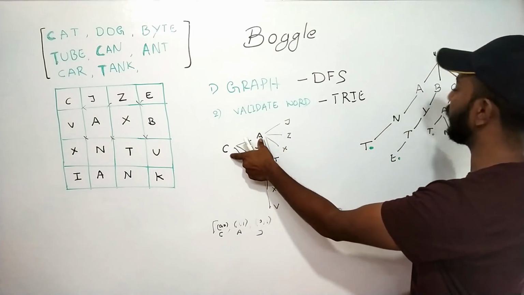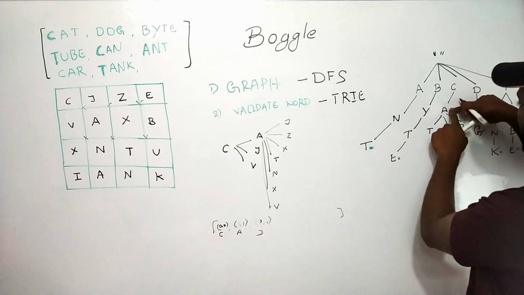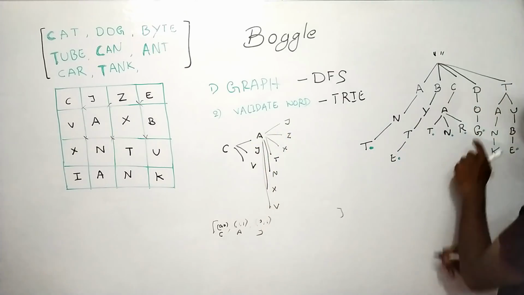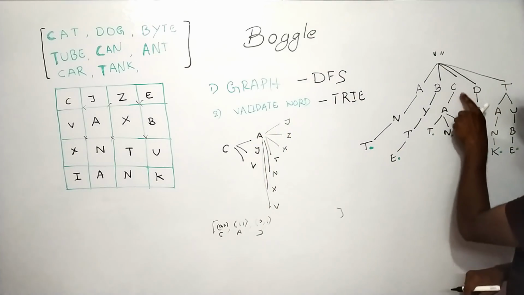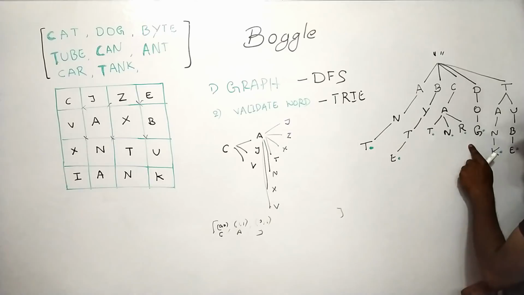Since we know we are already in here, let's go ahead and check whether the combination CAJ is available in the trie node. That combination is CA and J is nowhere available, and the tree is not even continuing.